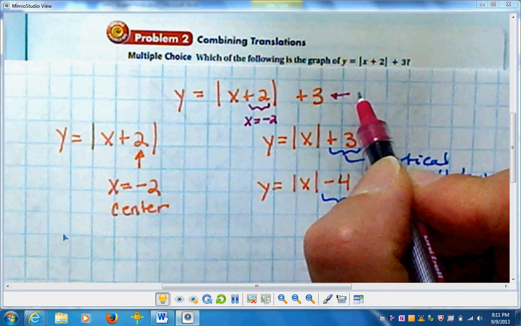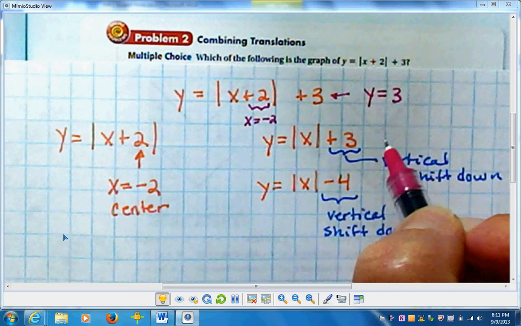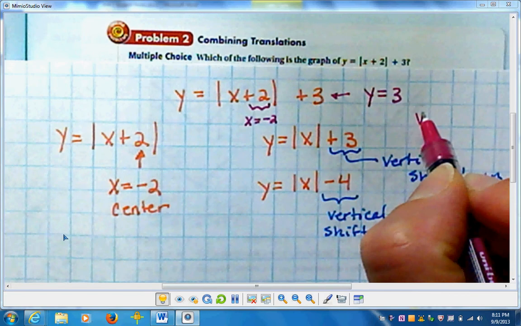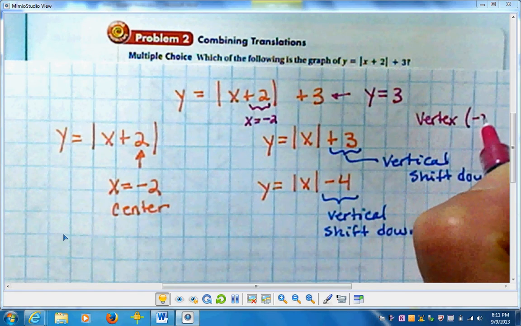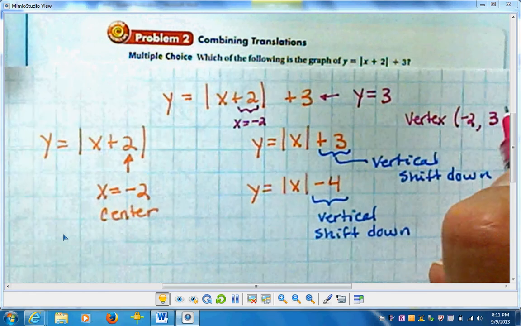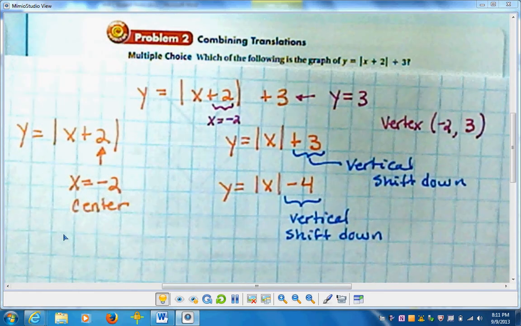So that plus 3 must be what y equals. That means our vertex must be at -2, 3. Okay, and in fact that's what it is.